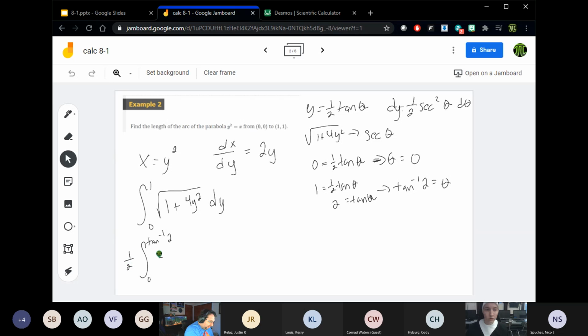It's secant cubed theta d theta. Questions on how I got any of that? So remember, the square root becomes secant theta. The dy was 1/2 secant squared theta. So that's where the secant cubed came from.